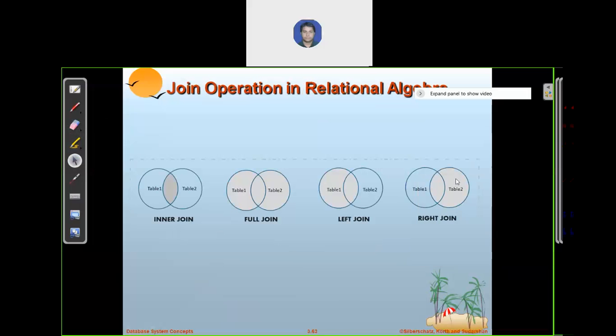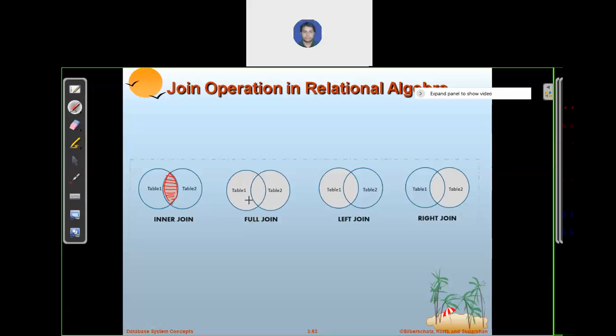So how can you relate this outer join to the inner join? In inner join, we have two relations, two tables, and we join these two relations based on our common condition or the selection condition. If the records of the two relations match that selection condition, only those records we will consider for our resultant relation. In full outer join, all the records present in both the relations we will consider for our resultant relation.